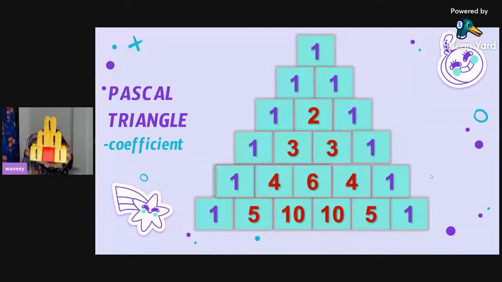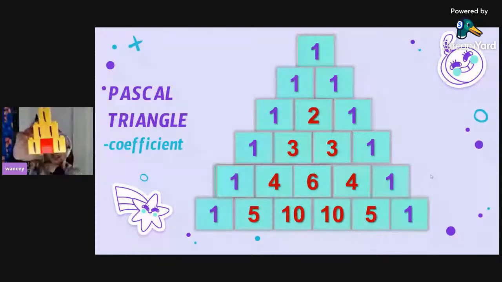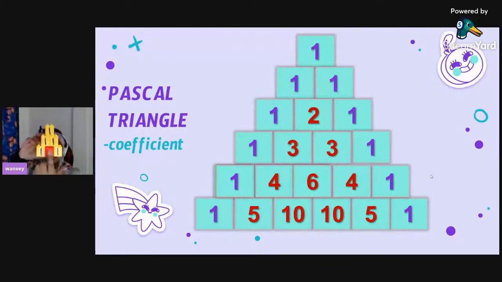Now the problem is the middle one. Right in the middle, what you need to do is add the numbers on top of it. The middle one is the red one, and above the red one are the yellow ones. Both numbers are 1 and 1. So you add them together and it becomes 2.